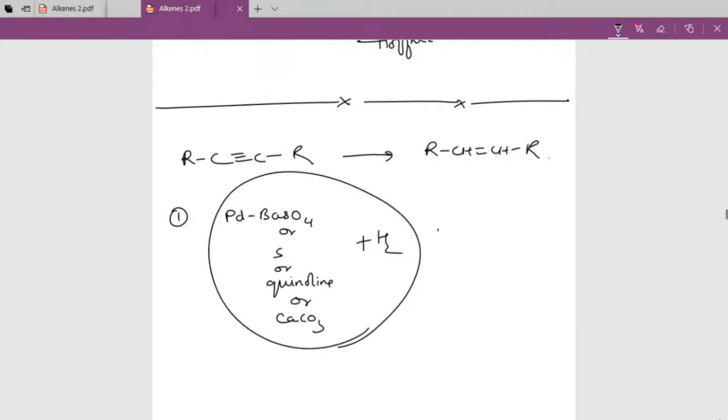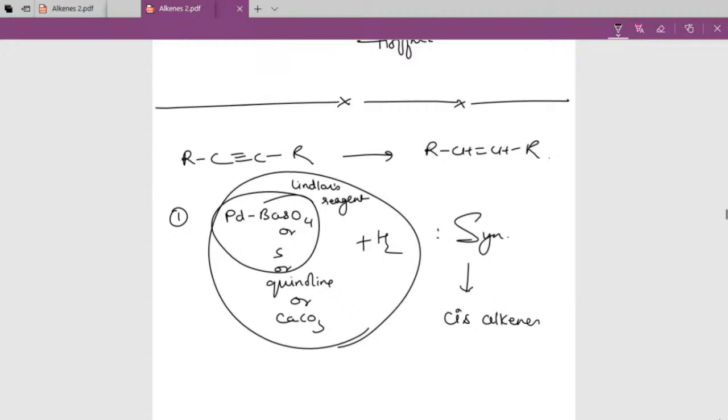Okay, this is a syn addition reaction, and this thing is called Lindlar's reagent. Syn addition, so compulsorily always cis alkenes are formed.